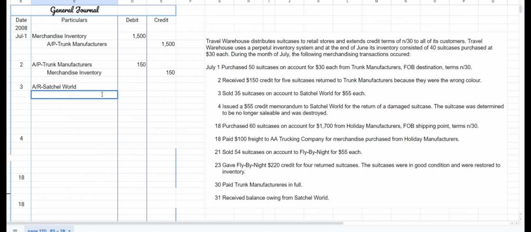And the credit account is sales, since you're selling the suitcases. So how much do they owe you? They bought 35 suitcases and it cost $55 for each. So if you multiply them together, it's $1,925.